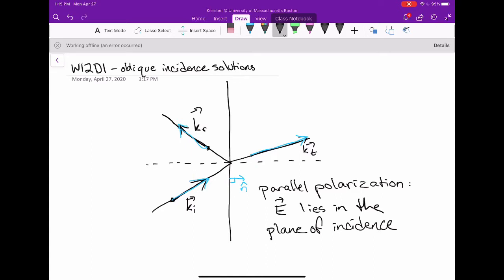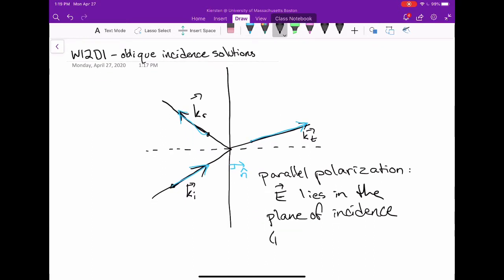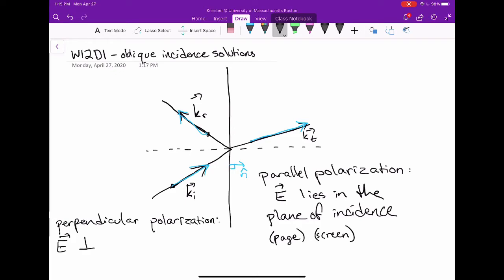So the plane of incidence is otherwise known as the page or the screen. Perpendicular polarization has the opposite situation. That has the electric field perpendicular to the plane of incidence.